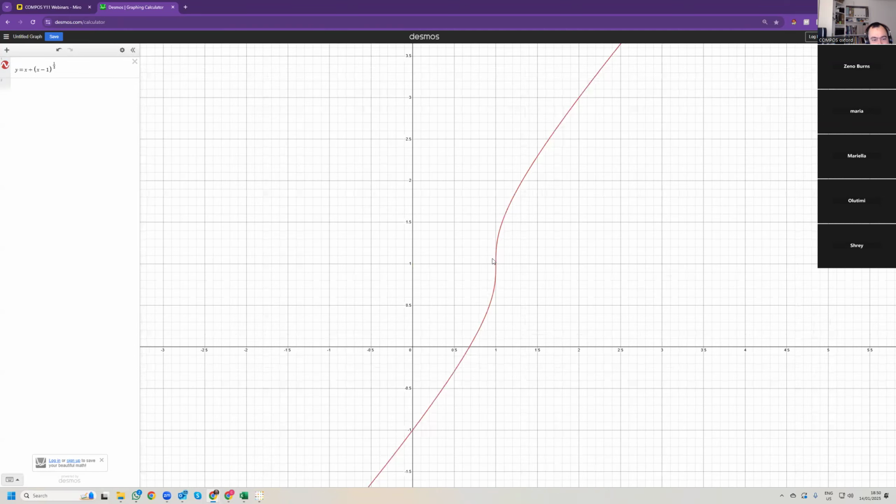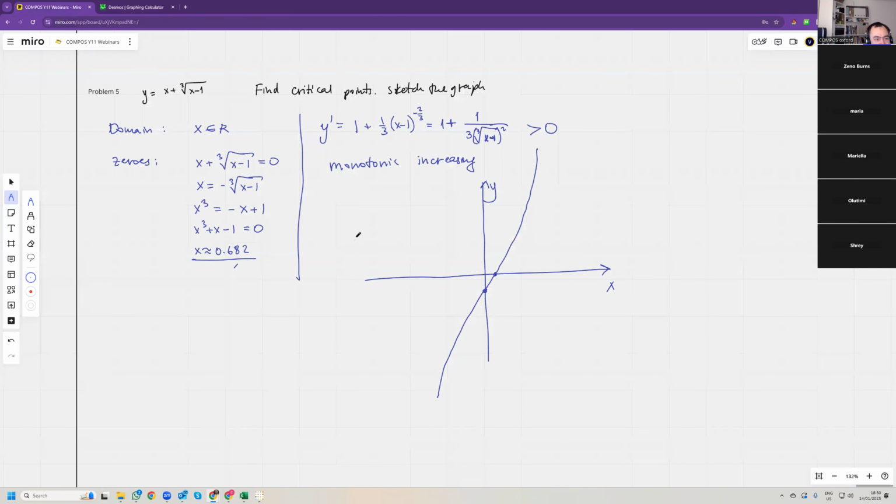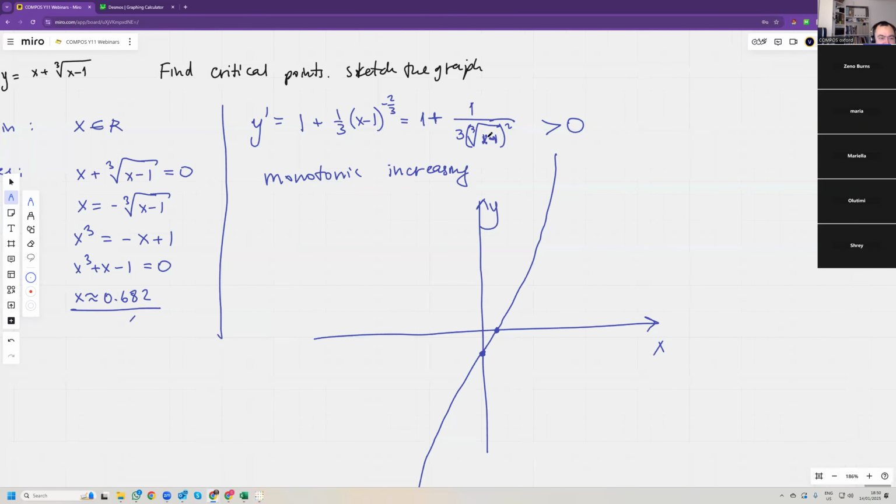Did not notice that this is a point where the derivative is infinite. This is where the derivative doesn't exist. Of course, at x equals 1, this is a very peculiar point. At x equals 1, the derivative becomes infinite, or tends to infinity. At x close to 1, it goes to plus infinity.